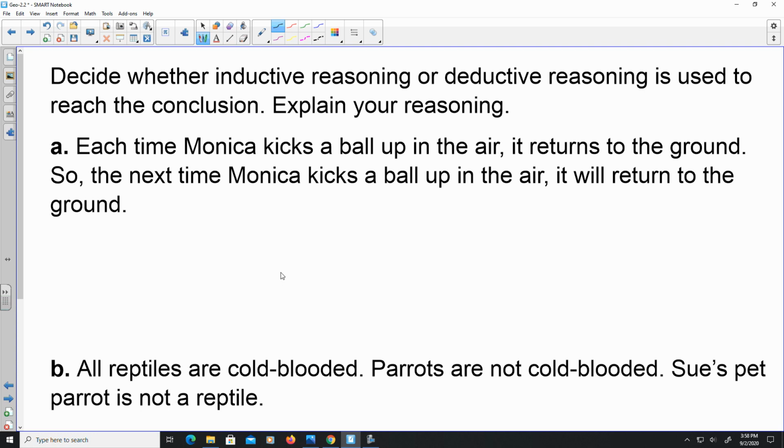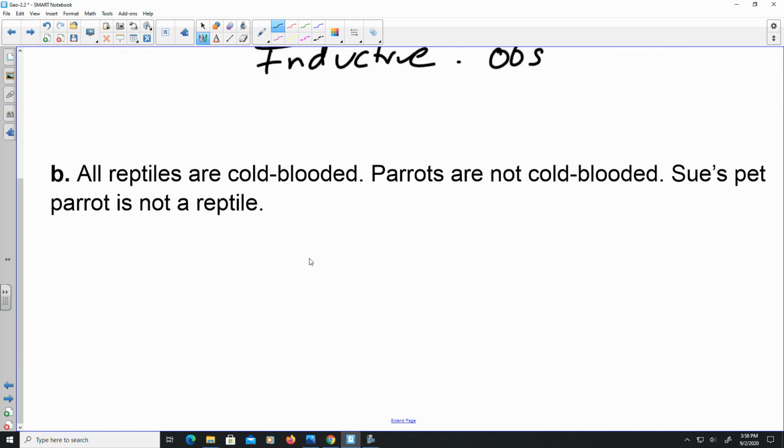So this is going to be inductive reasoning. The reason for that is they're making it through observation. They noticed she kicked the ball the first time and it went to the ground. They're going to assume that the ball will hit the ground again through the observation.